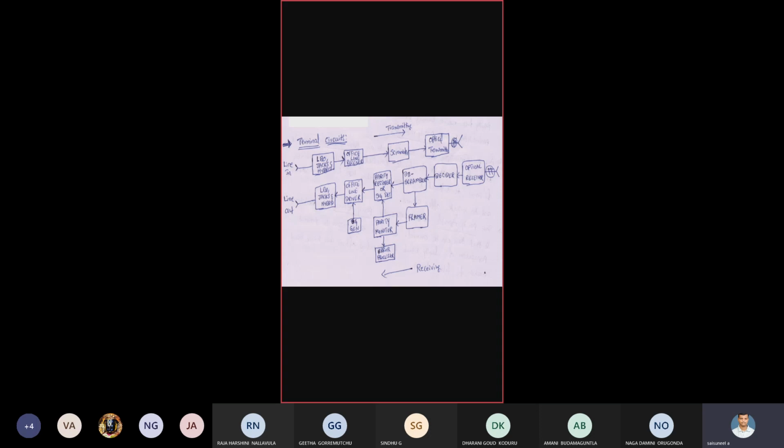Similarly, on the receiving side, we convert from optical to electrical, descramble, check for errors using the parity bit method, and convert from unipolar to bipolar, and finally the signal goes to office B. This is about the terminal circuit.